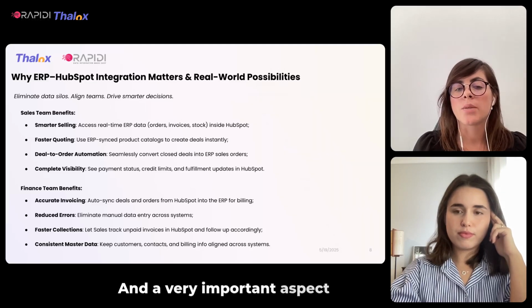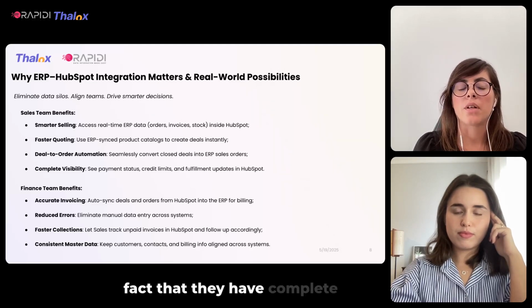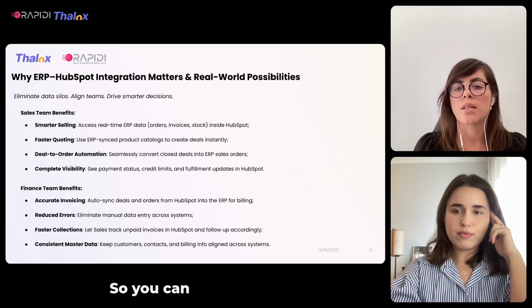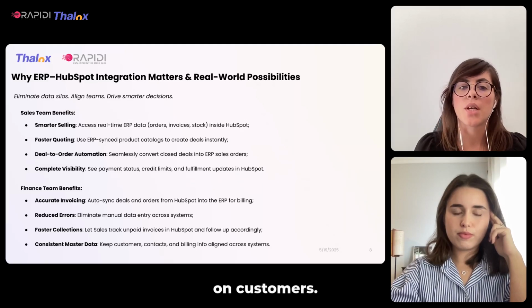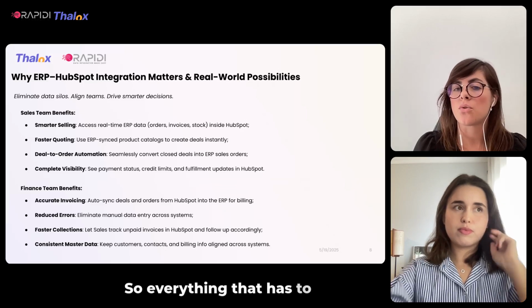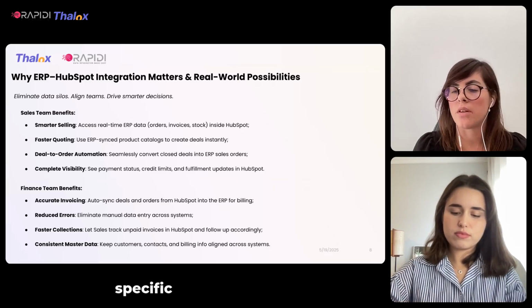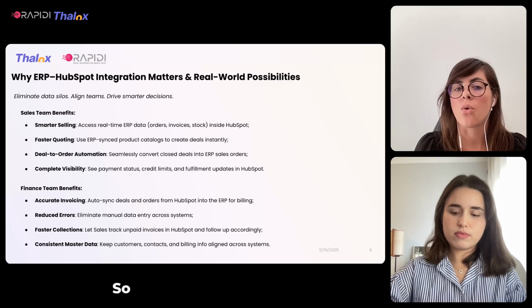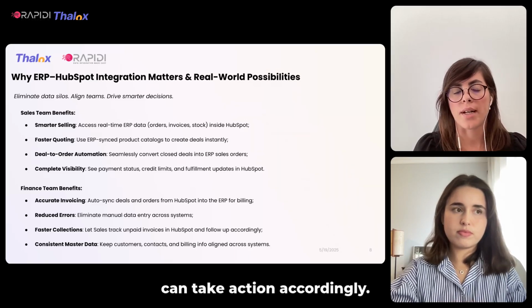And a very important aspect is that they have complete visibility. You can see payment statuses, credit limits on customers, and any fulfillment updates, everything that has to do with that specific company and their transactions. So you'll have this overview, and then you can take action accordingly.